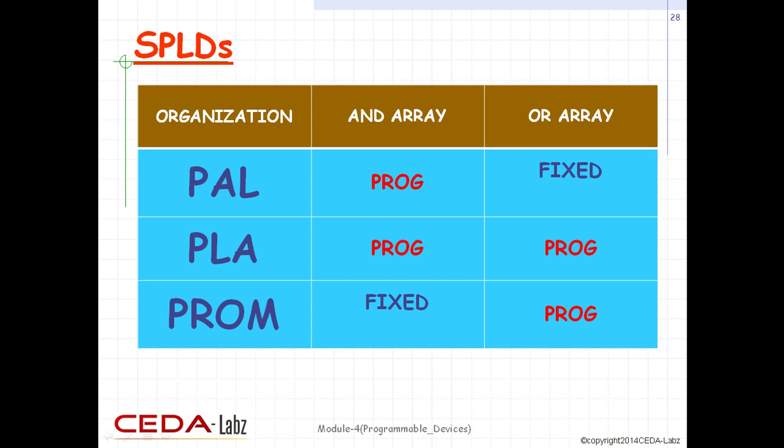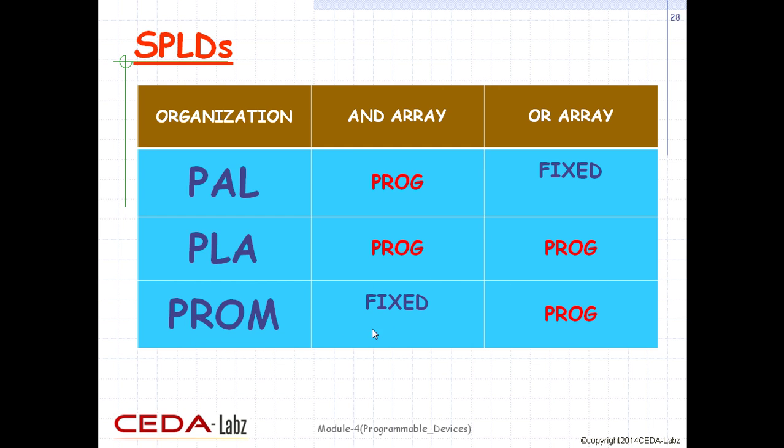Now, if we compare the three PLDs as shown in the table, the first row consists of PAL. In PAL, the array of AND gates is programmable, whereas the array of OR gates is fixed. The second row consists of PLA. In PLA, both the AND array plane and OR array plane are programmable. The third row is PROM.